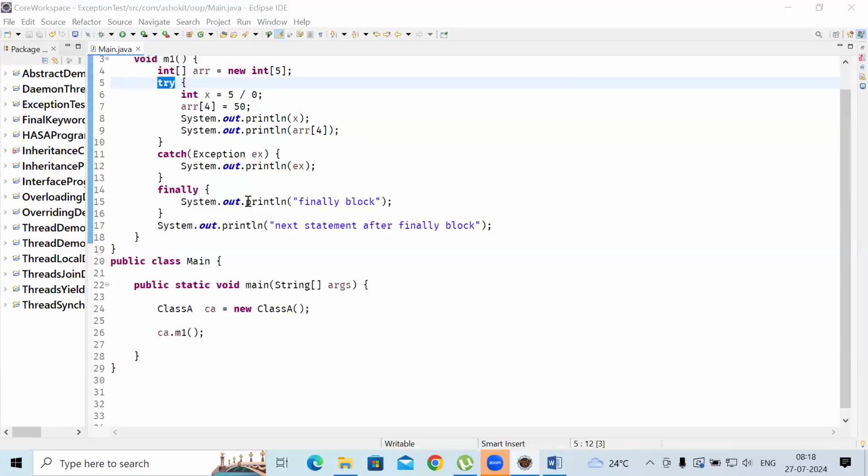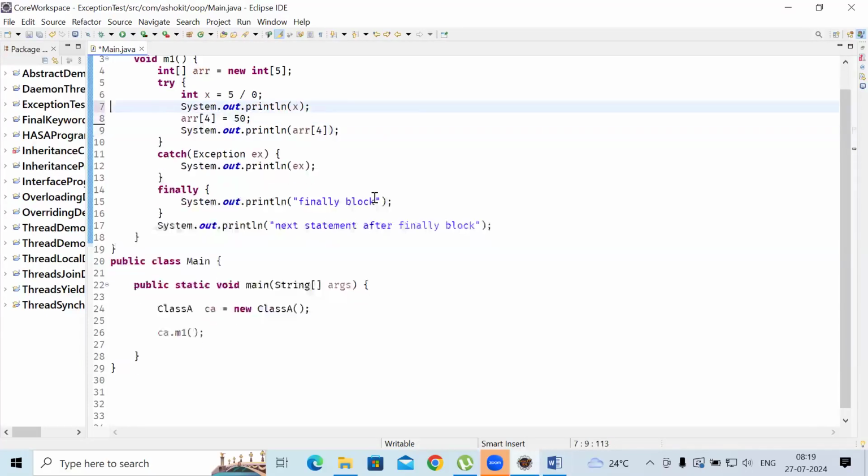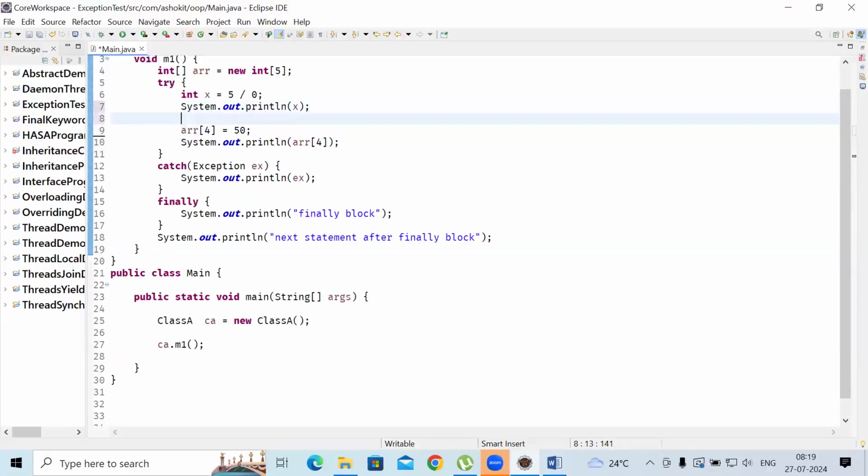Everyone, just try to understand now. I just want to modify my code. This is Control X, this is Control V. Look at this, guys. I'm writing one more try block here, and I'm shifting these two statements under the nested try block.